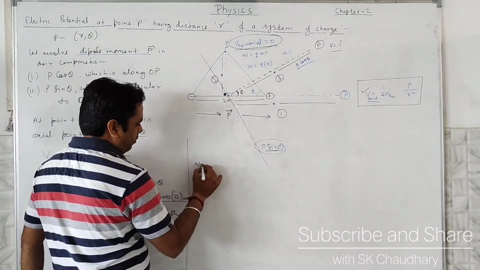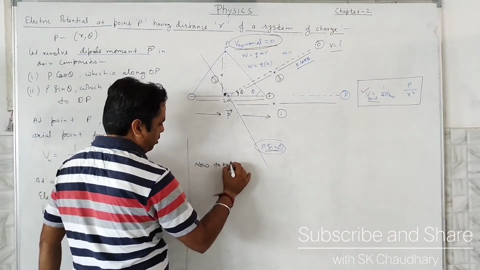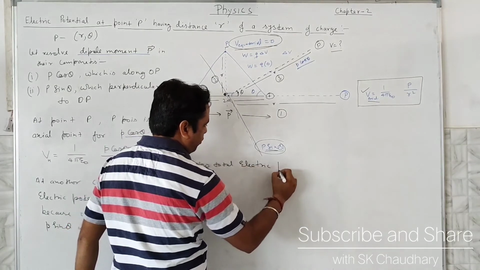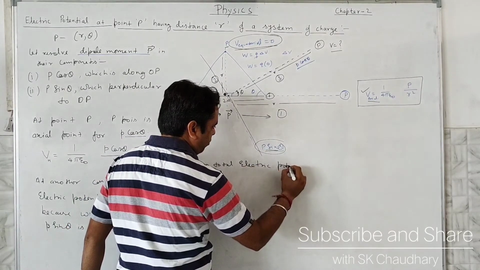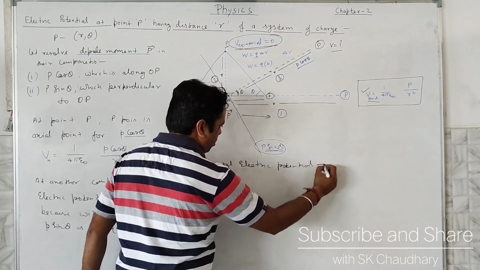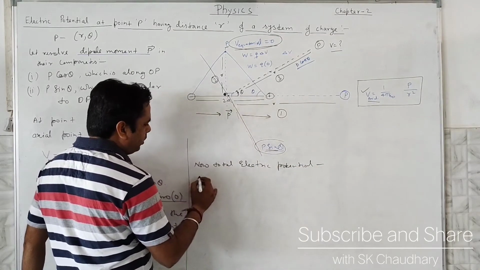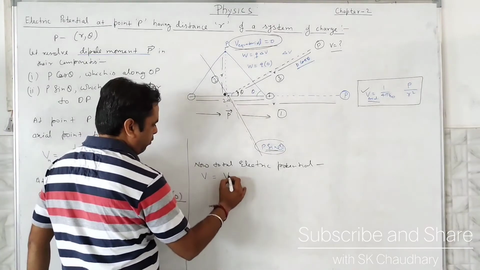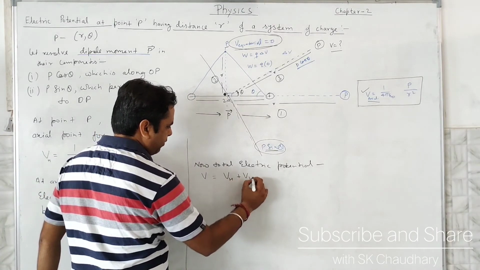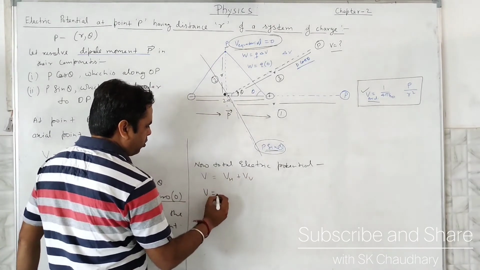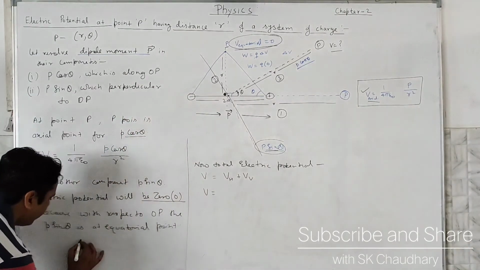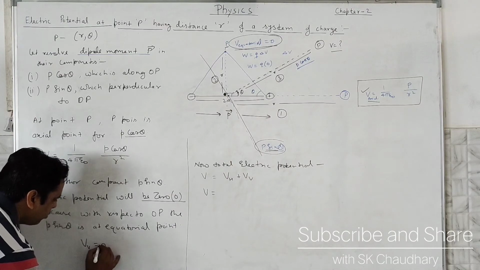Now what will be the total electric potential? Both components, the horizontal component as well as the vertical component: here the vertical component is 0.